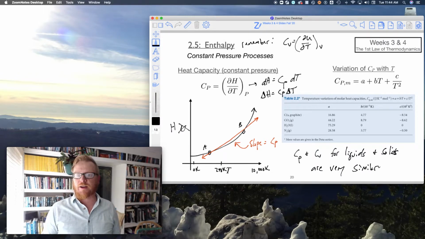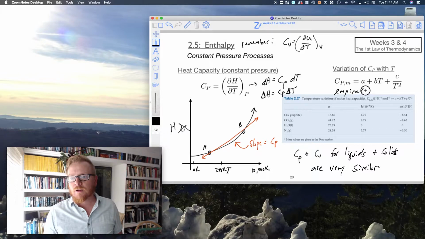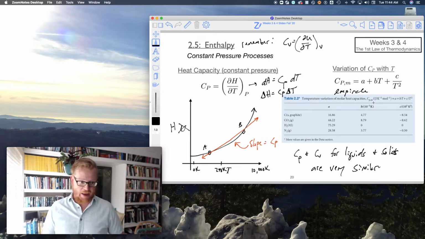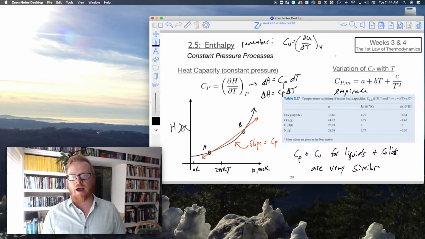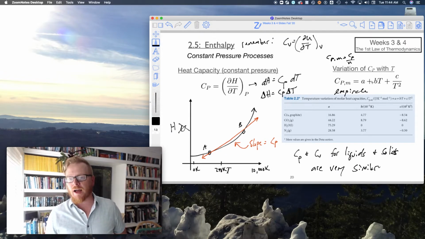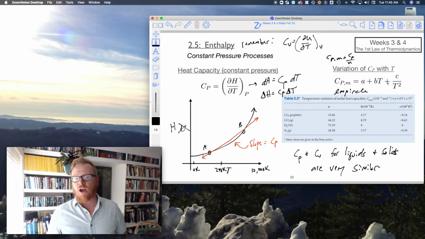Now the final thing I'll take note of on this slide is an empirical formulation for CPM, the molar heat capacity, where CPM is CP divided by number of moles. This is an empirical formula where A, B, and C are fit parameters.